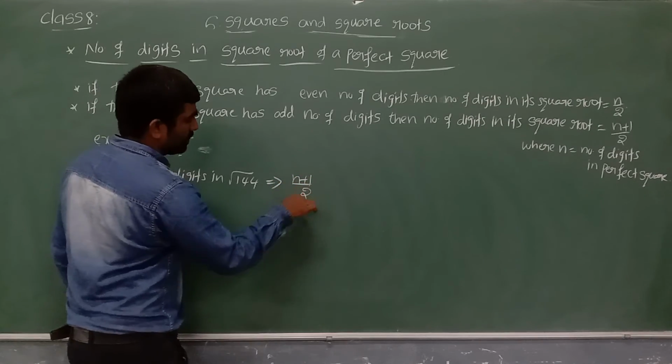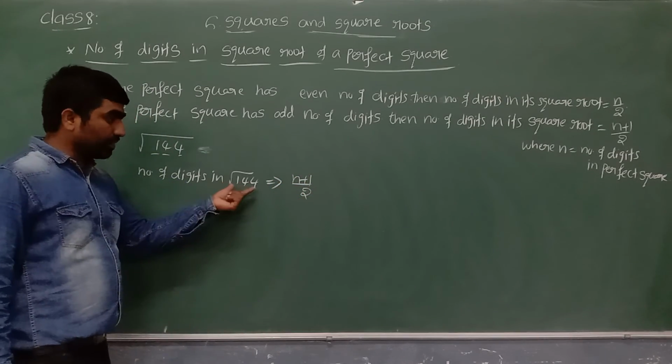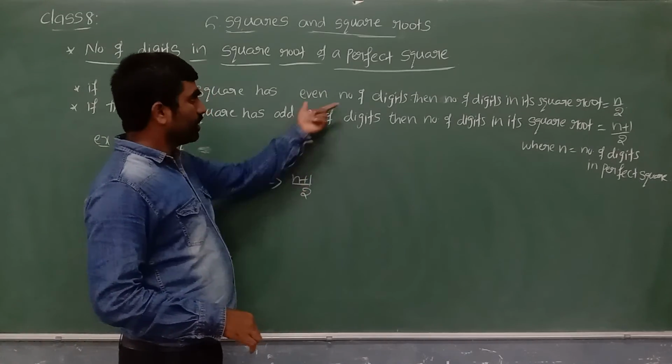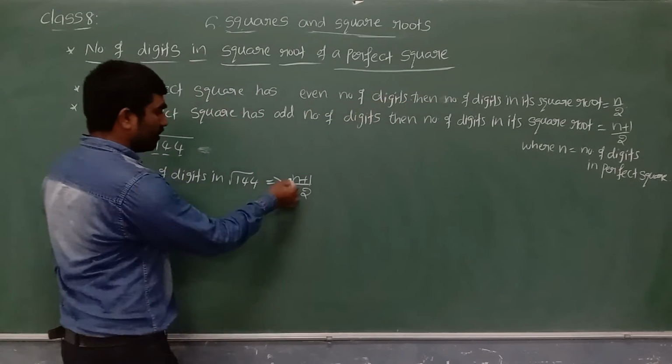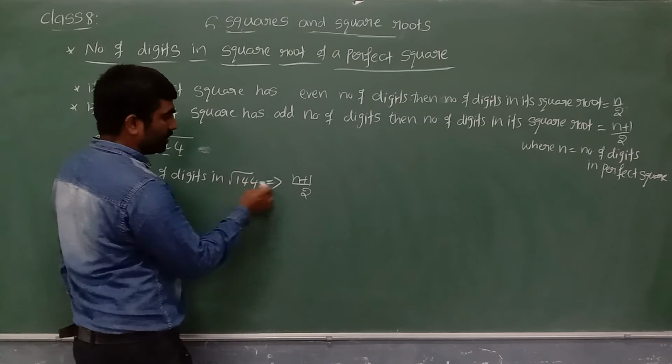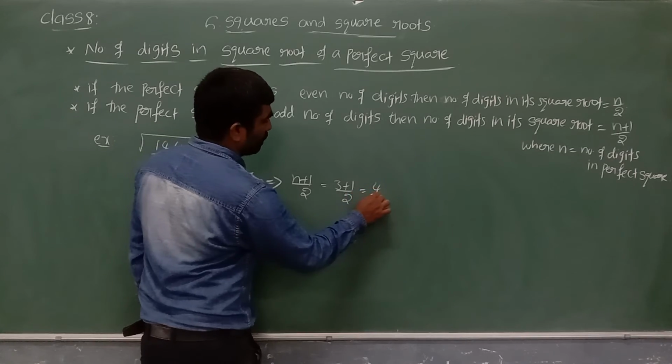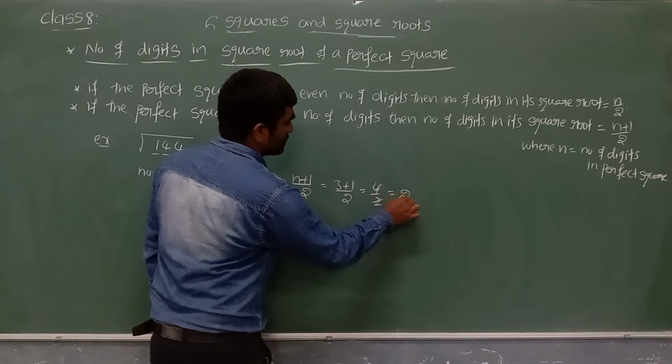Why? Because 1, 2, 3, this perfect square contains an odd number of digits. For an even number of digits, there is another formula. Where n is equal to how much? 3. 3 plus 1 is 4, 4 by 2 is 2. Yes.